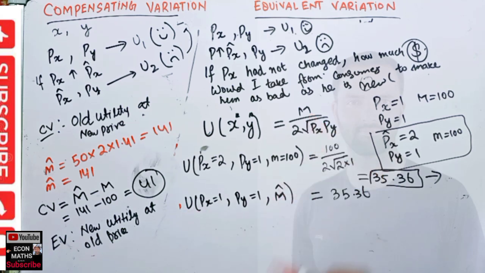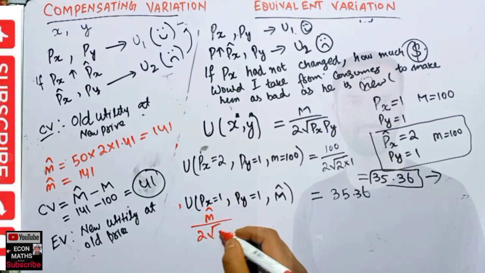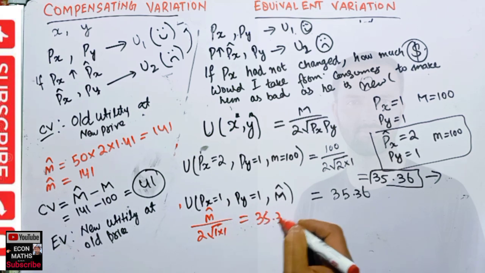So let's give the values here. We need to find m hat upon 2, price of x was 1, price of y was 1, so this is 1 into 1, which should be equal to 35.36.